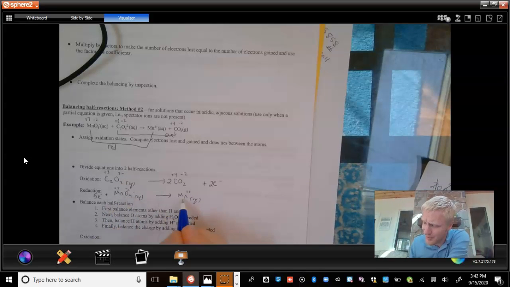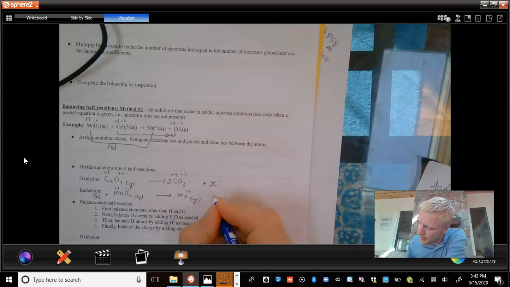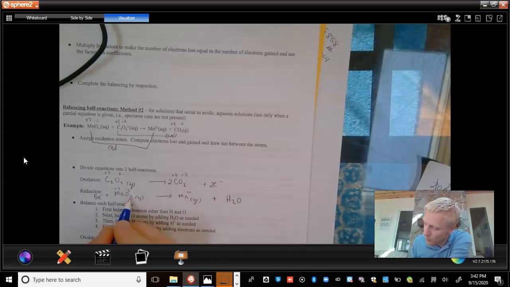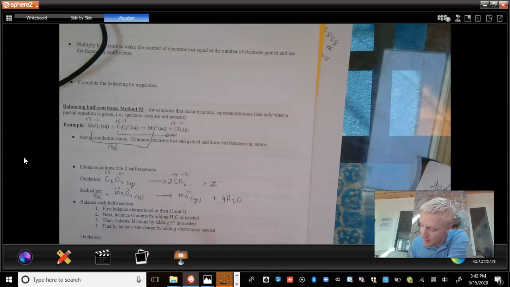Here we have 4 oxygens, here we have 0. So on this side, that's where I'm going to have to add my H2O. Since I have 4 of them here, I'm going to have to add a 4 right in front of the H2O. 4 oxygens, but now I have 4 times 2 is 8 hydrogens.